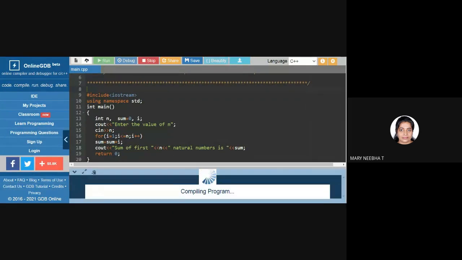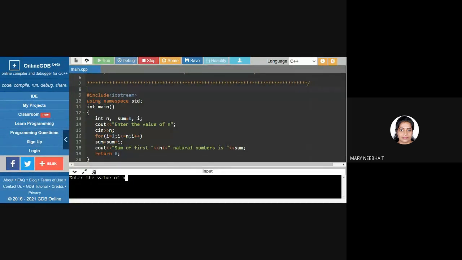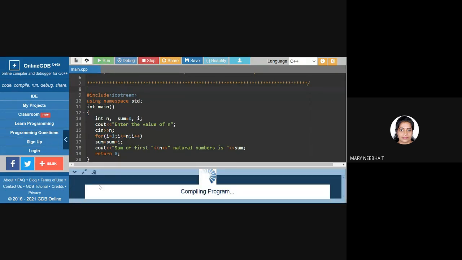Now I'm giving some even higher values. Suppose I enter this, you can see it took some time and then you got the value. That is about a 1 second delay, right?